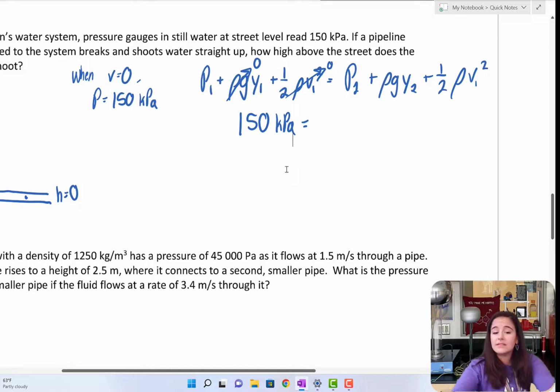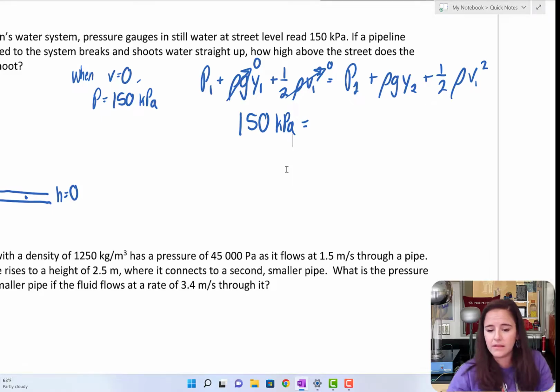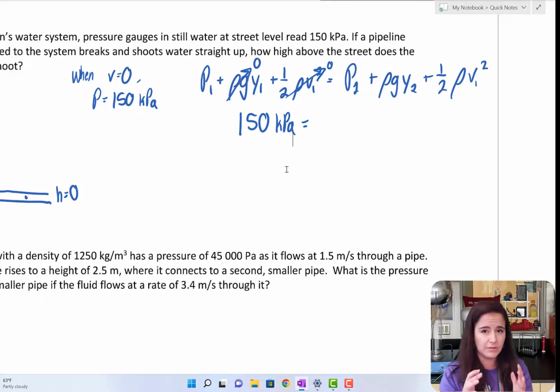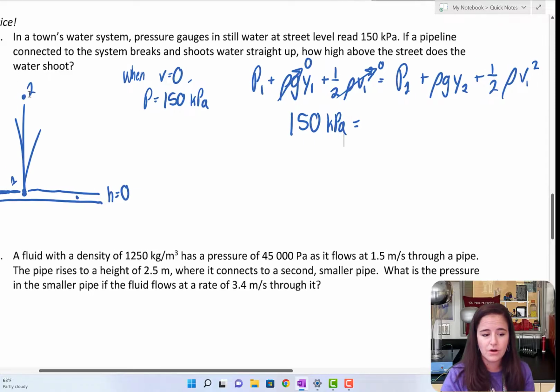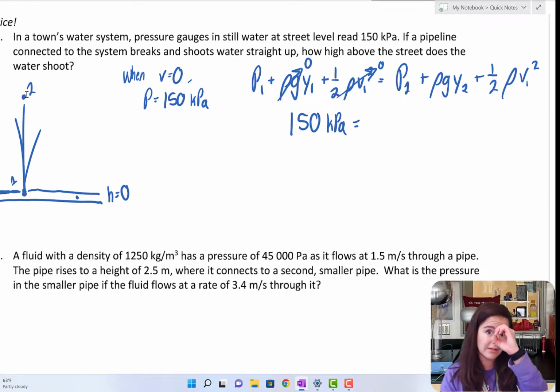Now, this can be a little bit confusing because there are two ways we can look at this. This P1 is 150, but it is the gauge pressure. It does not consider the atmospheric pressure. Now, our point 2 is not in the pipe anymore. It is in the atmosphere. So that is a gauge pressure of 0.